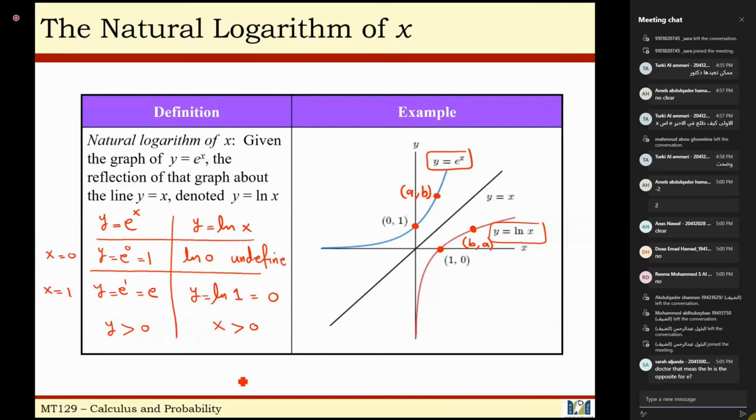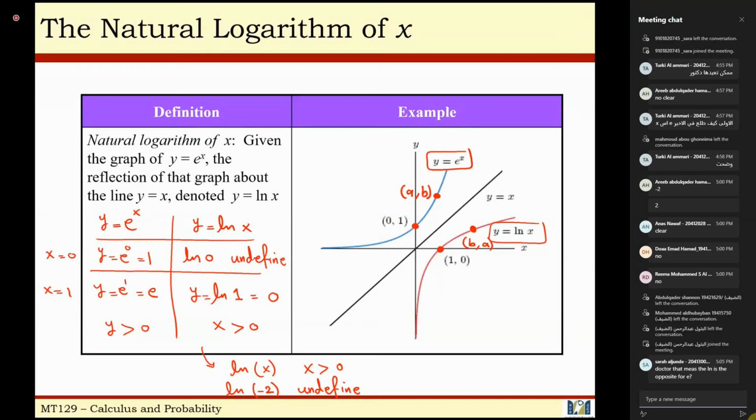So we can conclude ln x must have x greater than 0. So if we have, for example, ln of -2, this is undefined.